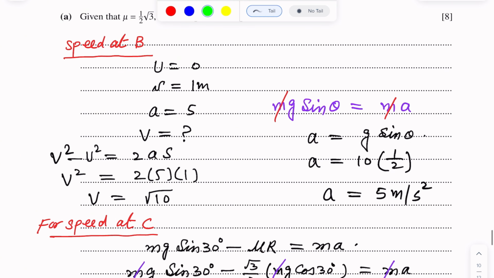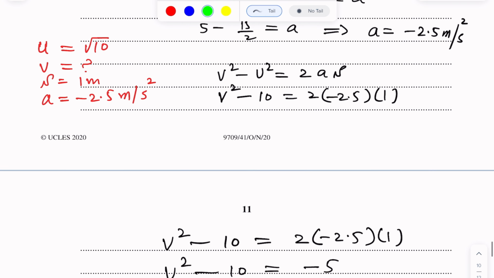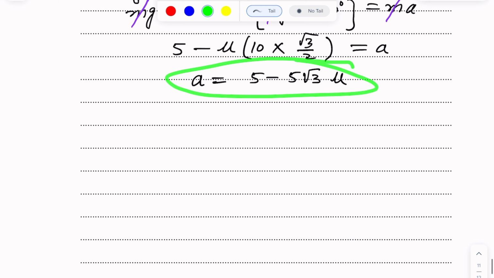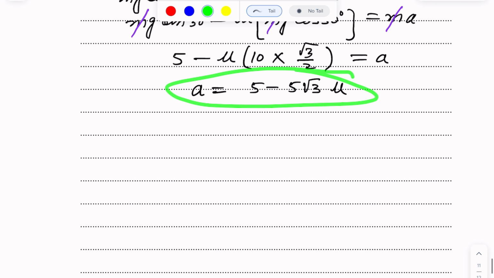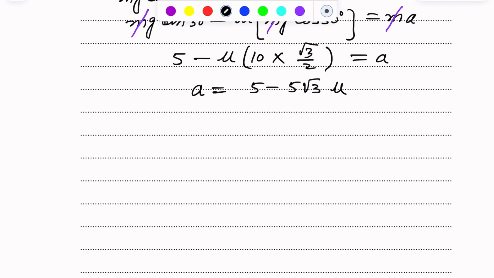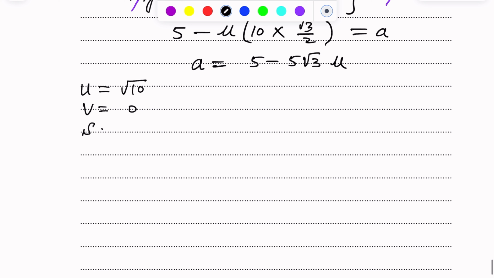Now we have to find the value of this mu. Again, we are using this data. Initial speed is under root 10 at point B. Final speed is 0, it is given in the question, as BC distance is 1 meter. We are using this equation: v square minus u square is equal to 2as. V square is 0.